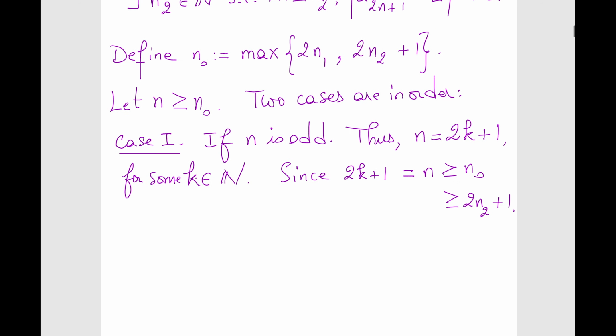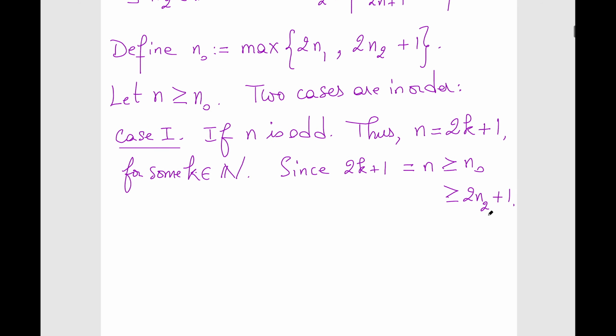Right? I mean, subtract 1 from here, subtract 1 from here, you get 2k greater than or equal to 2n2. And divide by 2, you get k bigger than or equal to n2. So we have then that k is at least n2. Correct?